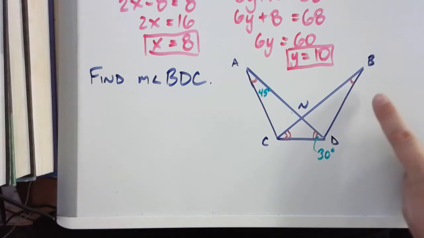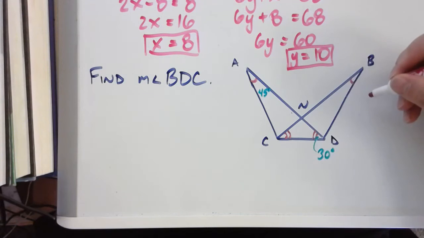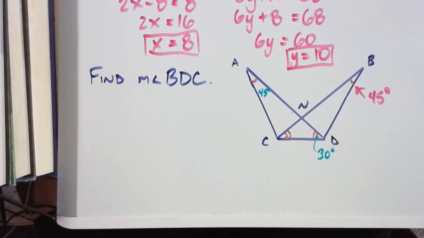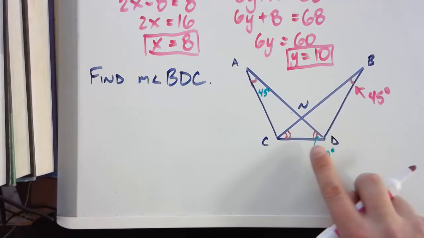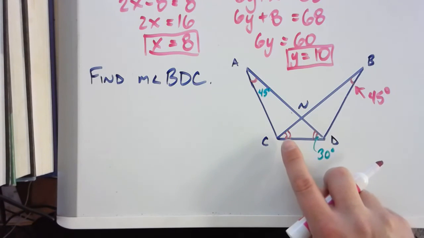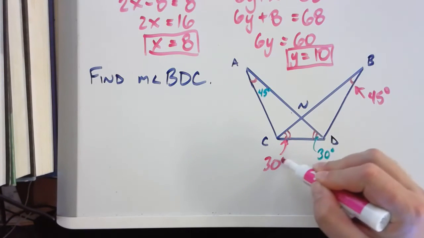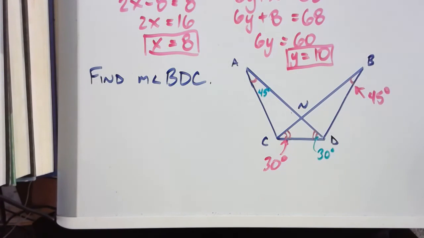Single arch matches with single arch. So this angle B also has to be 45 degrees. That's useful. And you'll see why in a minute. This little wedge angle right in here, the 30 degrees that's pointing to, that double arch matches this guy. So this must be 30 degrees as well, because that's what those arches mean.